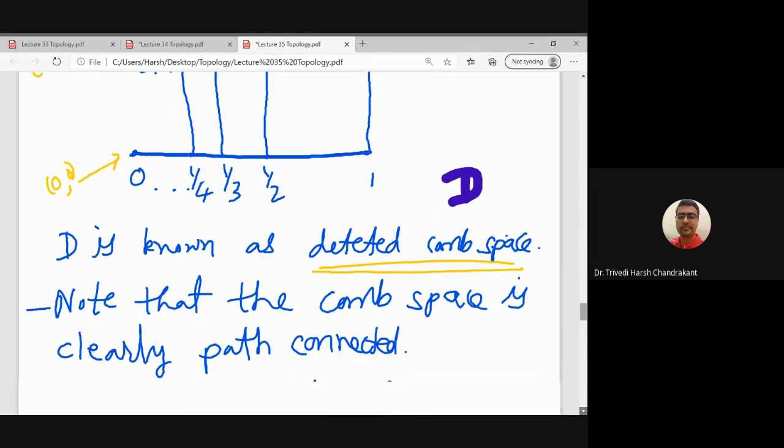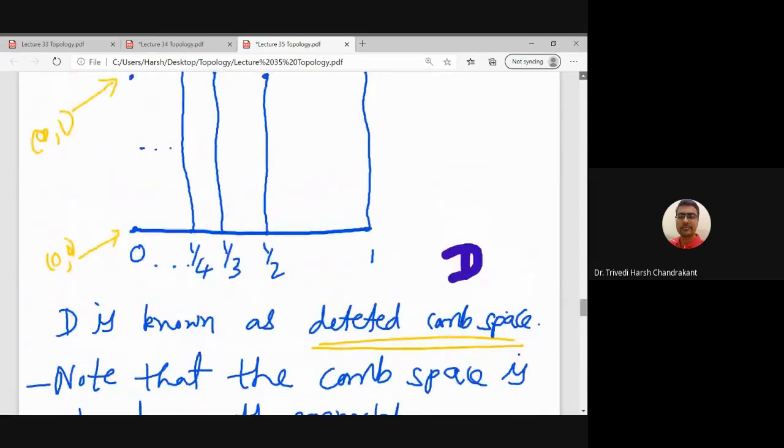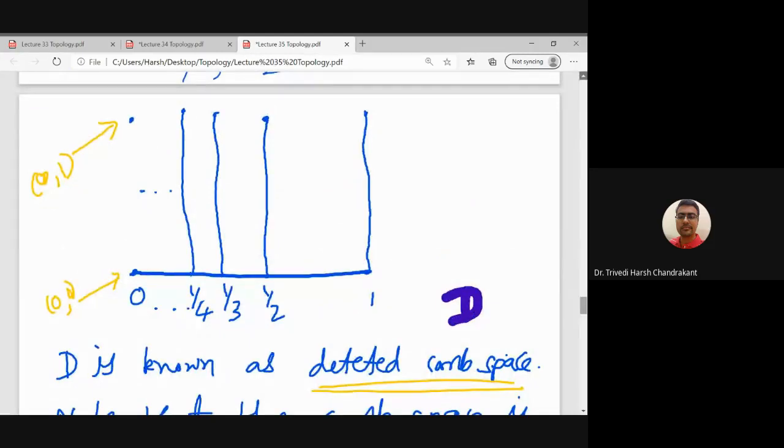So note that if I select any 2 points on the deleted COMB space, let us take this point and this point, then I can always go from one point to another point. I can connect by path, right? Any 2 points except this point.